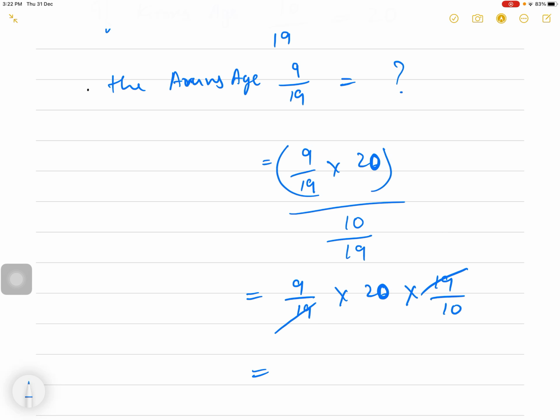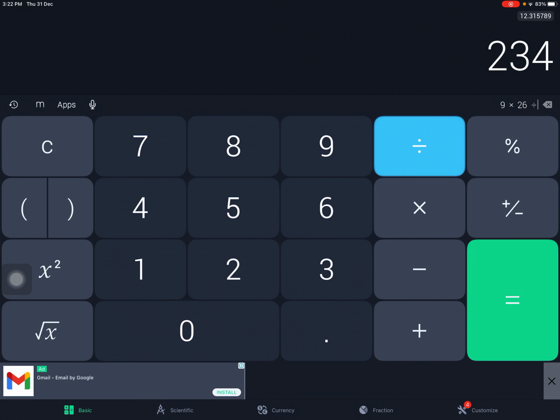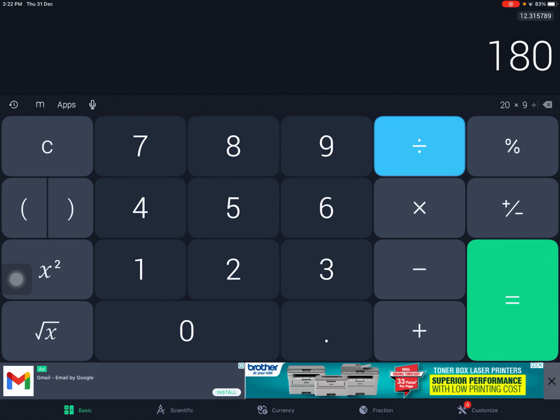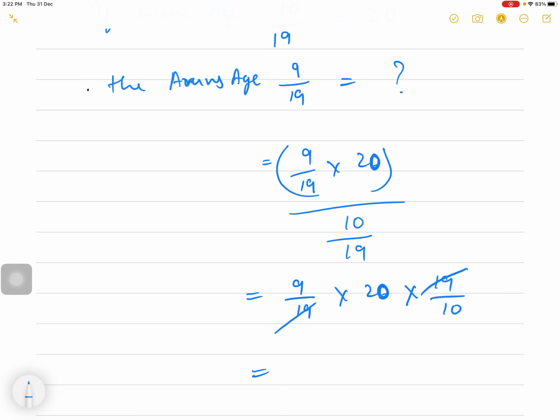Okay, so 20 into 9 divided by 10 comes to 18. So 18 years.